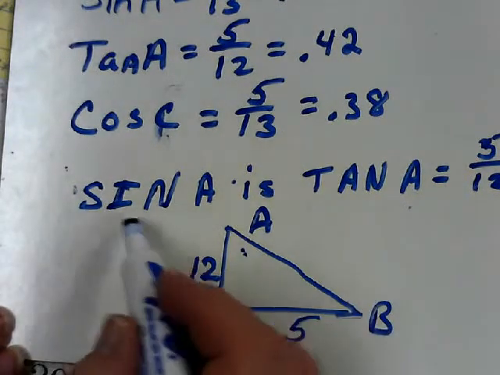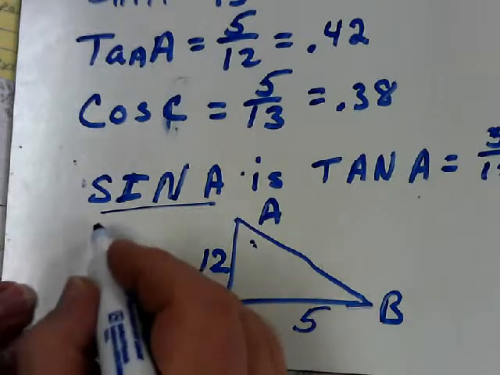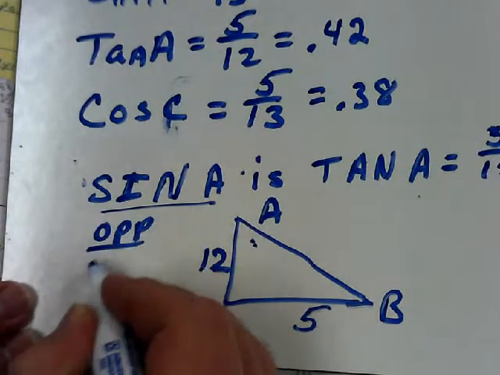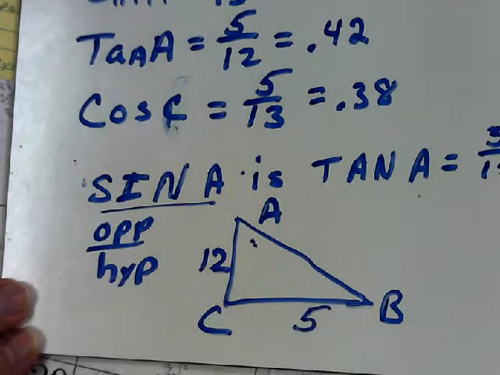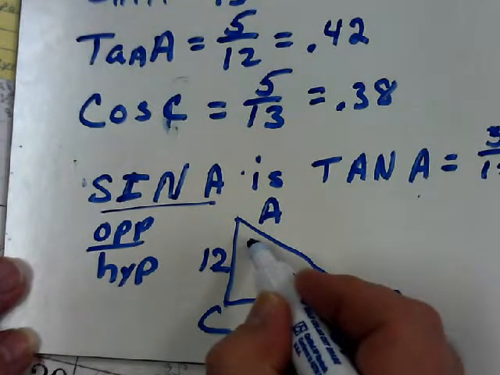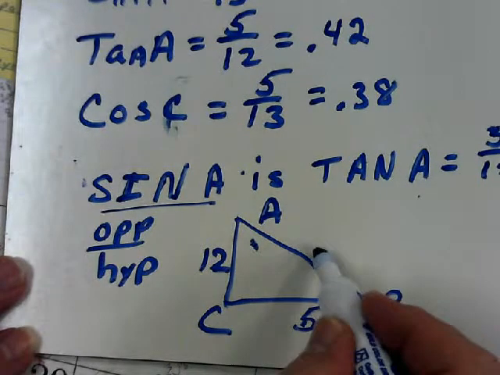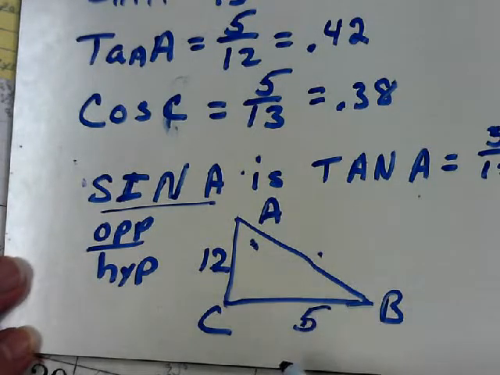But I wanted to find the sine of A. What's the definition of the sine of A? This is opposite over hypotenuse. So if I'm looking at this angle A, I have the opposite, don't I? Do I have the hypotenuse? No. So I need to find it, don't I?